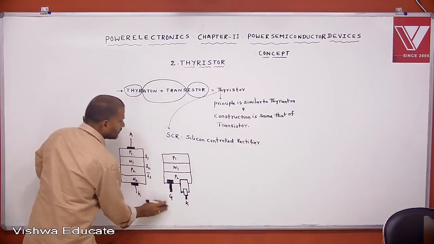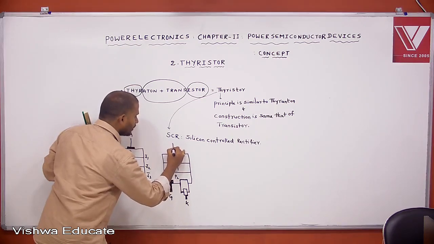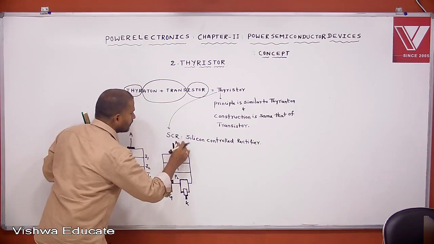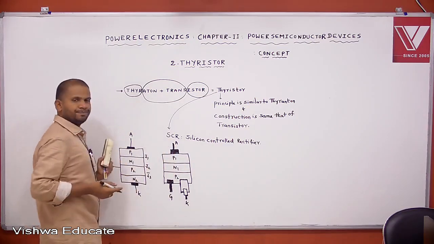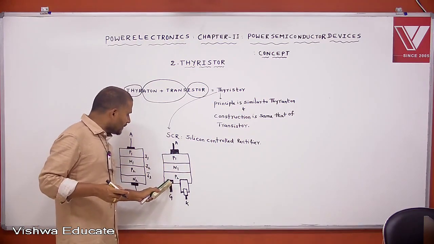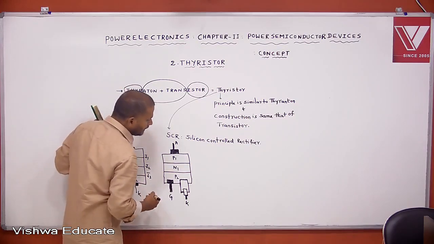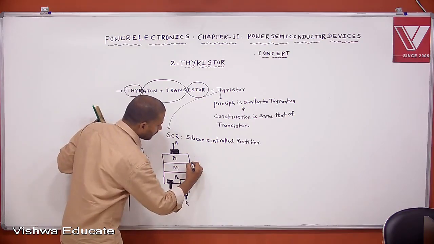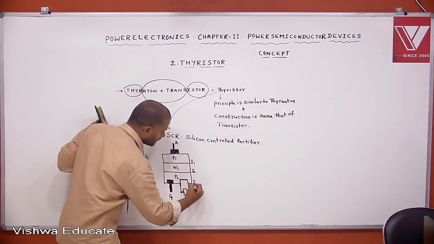This is cathode, and this is the anode arrangement. This is anode. This is gate. This is the placement of the actual gate and cathode arrangement, and there are 3 junctions: J1, J2, J3.